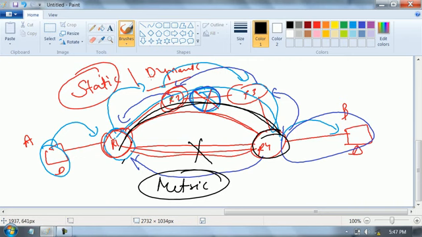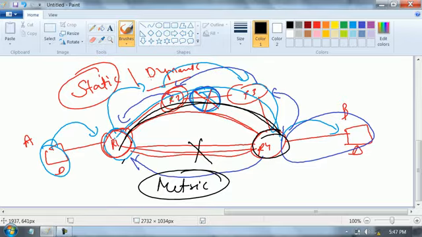So you can only define best when you have two things. When I have two paths, I can decide whether this path is best or that one. On what value will I decide? On the basis of metric. This thing is clear.